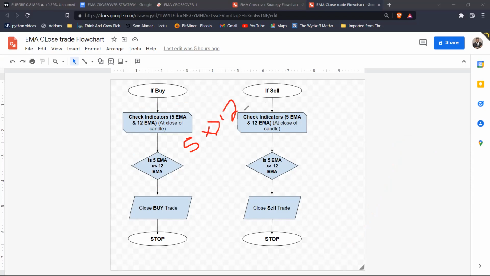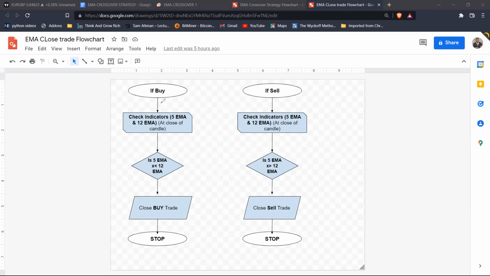So we are buying because the 5 is crossing above the 12, but it will close the buy when the 5 is crossing below the 12. Does that make sense? And when the 5 is crossing below the 12, that is also simultaneously the trigger for a sell trade. So that means when it closes the buy, it would trigger the sell.